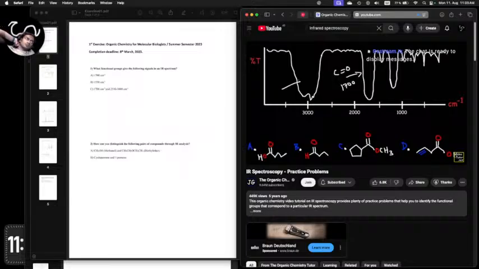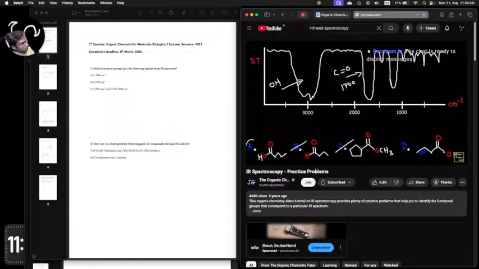Now, we do have a very strong, very broad OH stretch between, looks like 2700 to 3300. So this indicates an OH functional group, which means we could eliminate answer choice B and answer choice C, which don't have it. So when you have the carbonyl CO stretch and the OH stretch combined, that's a good indication that you have a carboxylic acid.